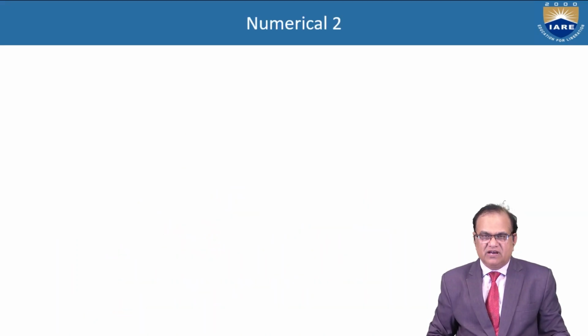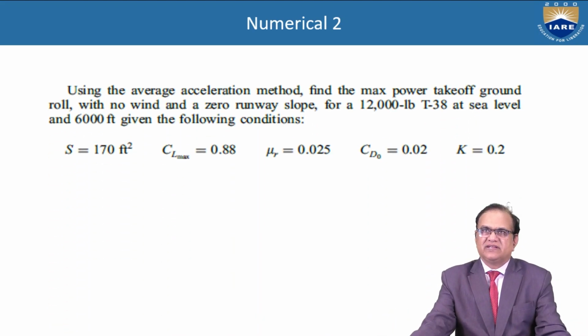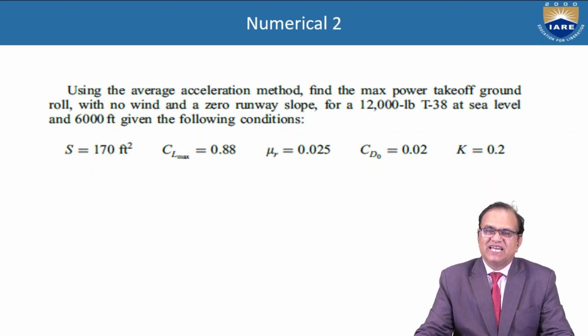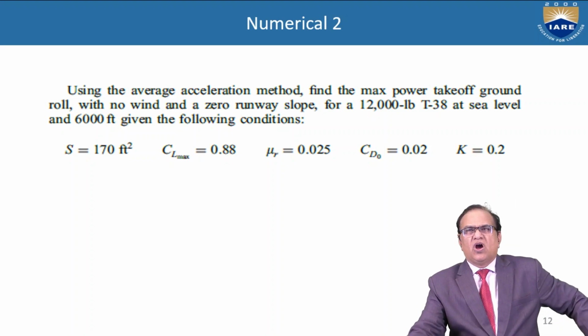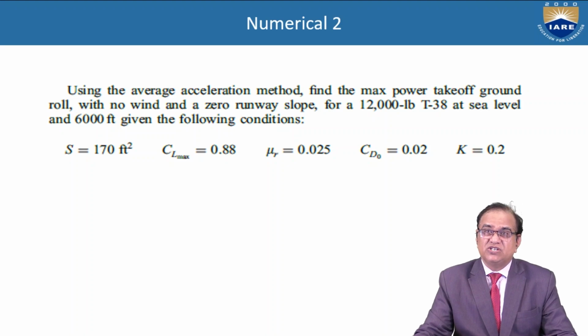Now I will discuss numerical number 2. So this I am going to read out. Using the average acceleration method, find the maximum power takeoff ground roll, SG, for maximum power with no wind and a zero runway slope.